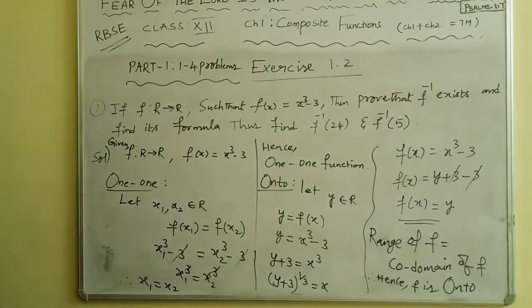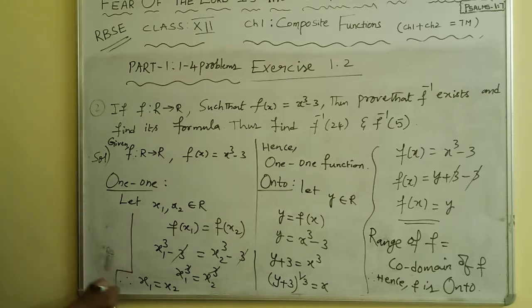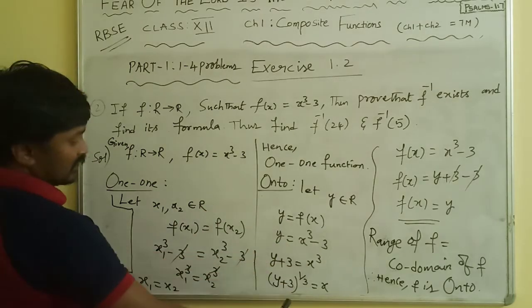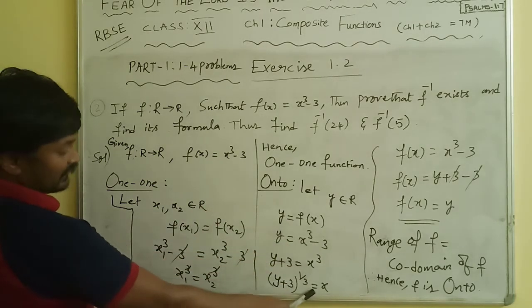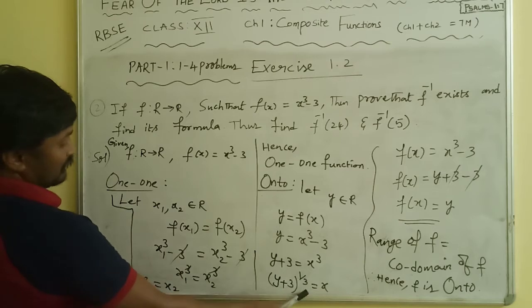If a function is one-to-one and onto, then how do we find the f inverse formula? It is very simple. You already found the x value: x is equal to y plus 3 whole power 1 upon 3.